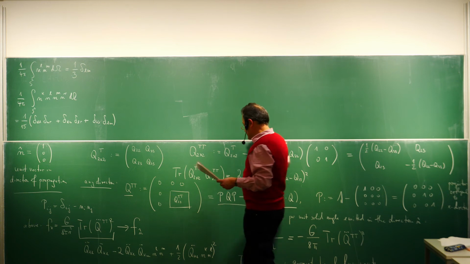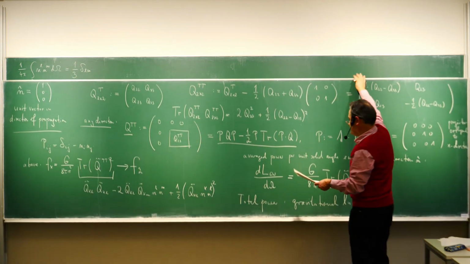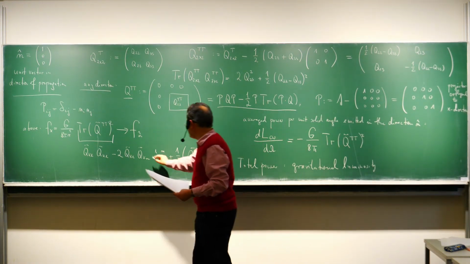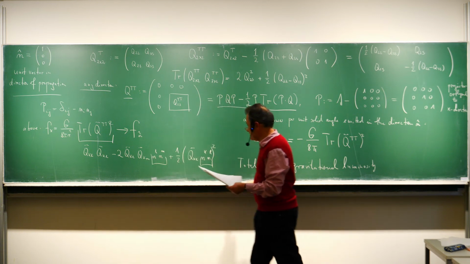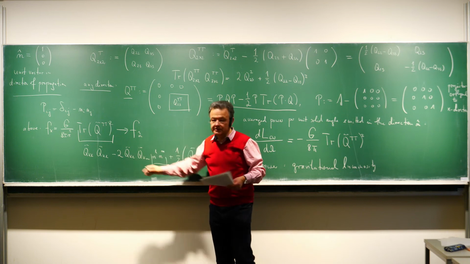Now, if you do that, then you can finally do this integral d omega by making use of these integrals over the n's. And what remains are then expressions of the Q triple dot.